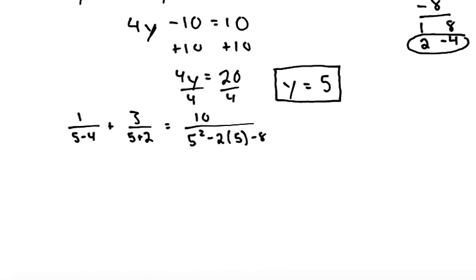So then simplifying this, 5 minus 4 is 1, so that just gives us 1 over 1, which is 1, plus 3 over 5 plus 2, which is 3 over 7, is equal to 10 over 5 squared, which is 25, minus 10 is 15, minus 8. 15 minus 8 is, I believe, 7. Yeah.